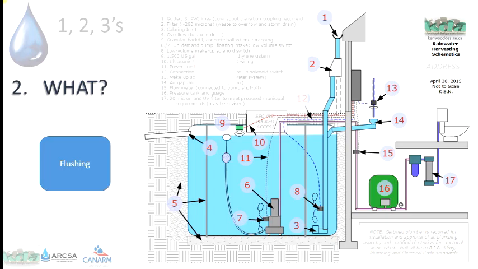Of course, there's a switch on the pump. If the water's too low in the tank, the pump will not come on. There's a bit of a sonar measuring device at the very top there, number 10, that shows what the level of water is in there to kind of keep them informed inside the house.